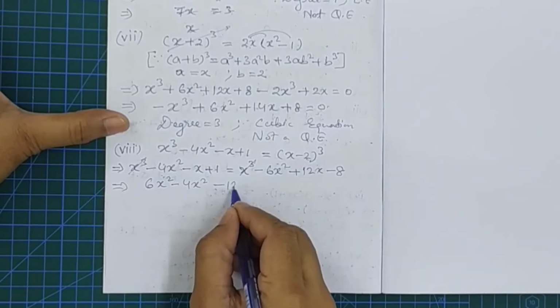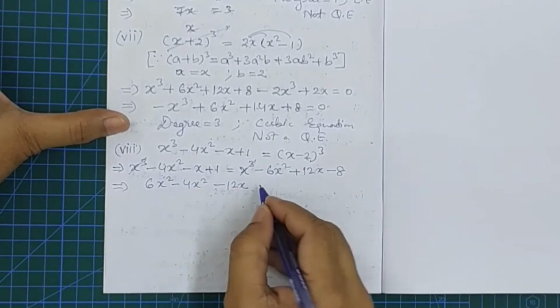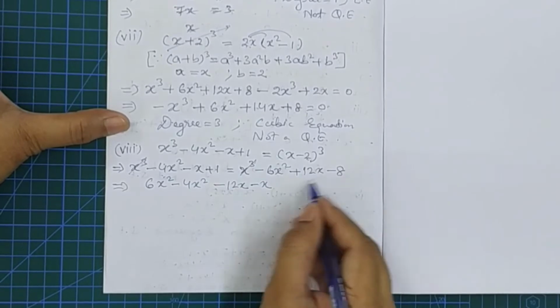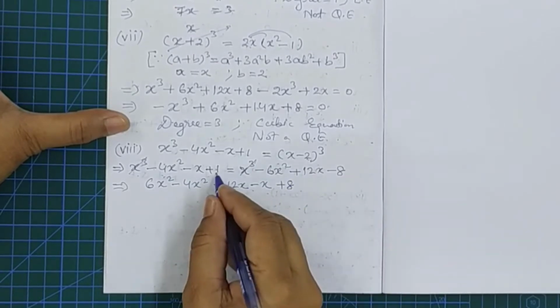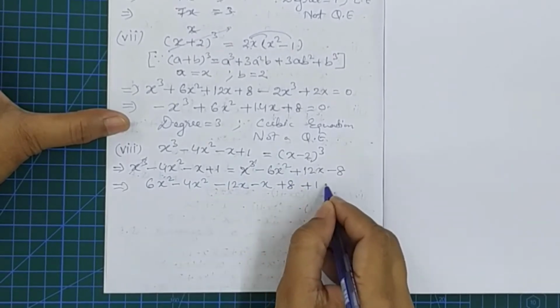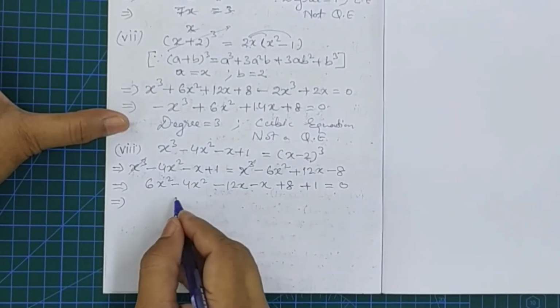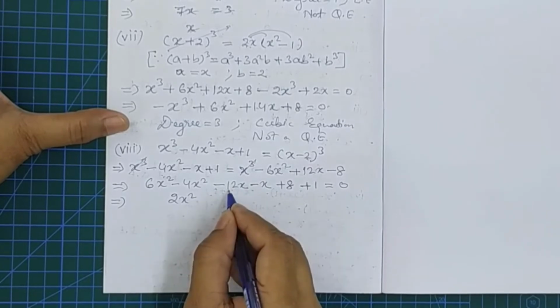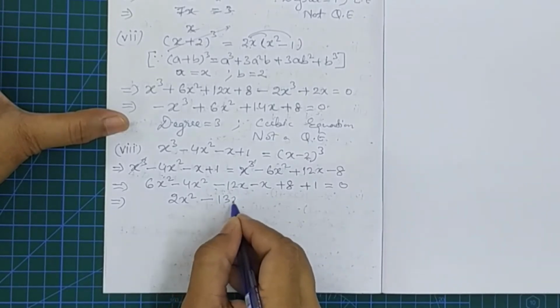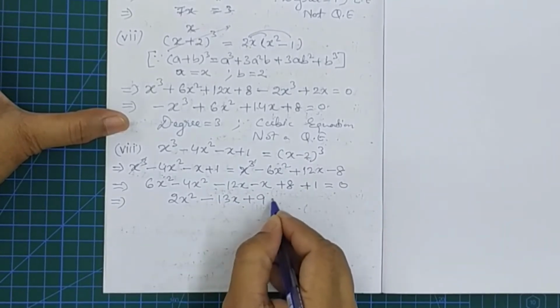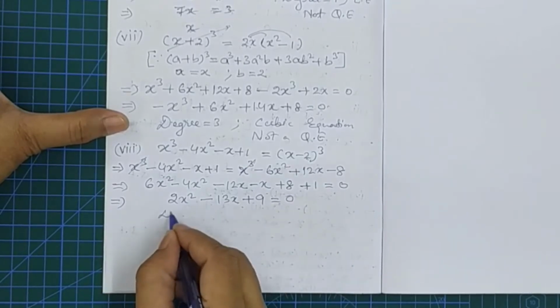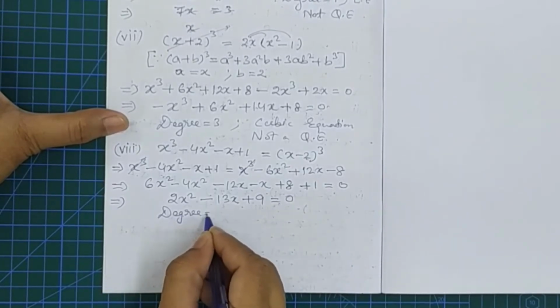Transposing this, minus 12x already existing minus x. Transposing this, plus 8 already existing plus 1. On the other side, same. 6x square minus 4x square is 2x square, and this is minus 13x, and this is 9. Here degree is 2. Here degree is 2.